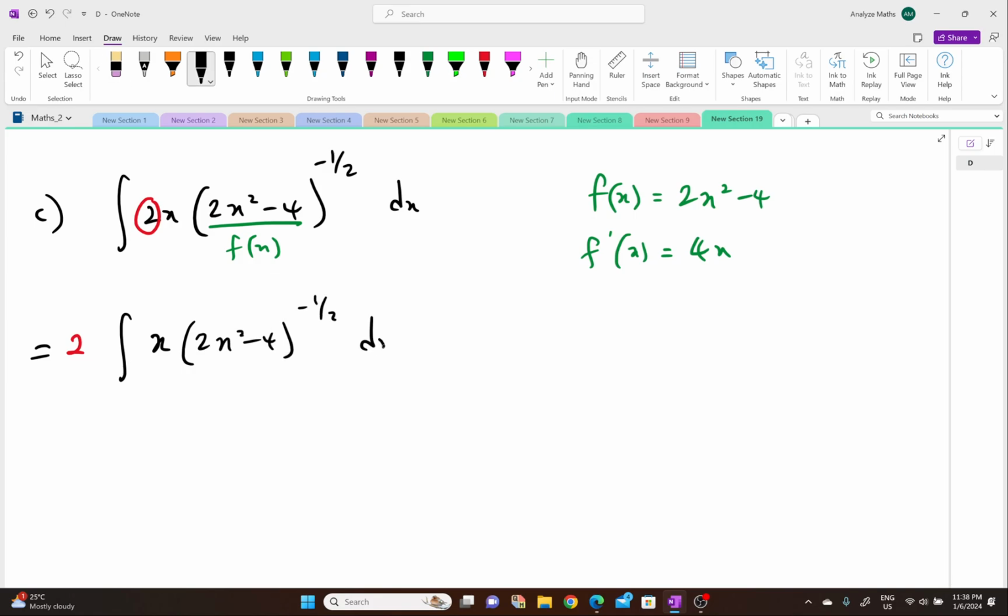Just now, what do you want? You want 4. So multiply 4 here and then do the adjustment. Whatever value you multiply here, you divide here, so that it goes back to the original. If you don't understand, just listen to me. Now this is 1 over 2.